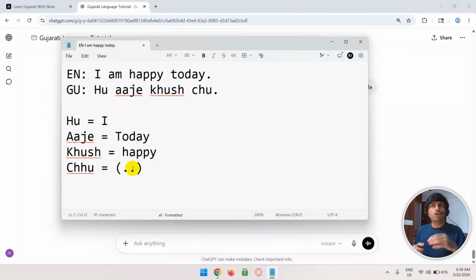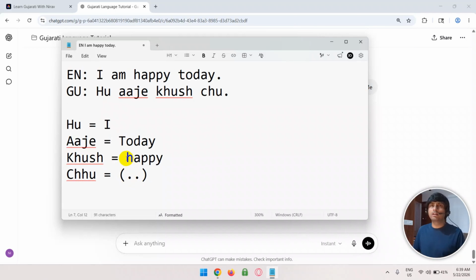Happy means ખુશ છું. Understand the meaning along with the word. I means hu, today means aje, happy means khush, and chu to end the sentence. I am happy today. હું આજે ખુશ છું.